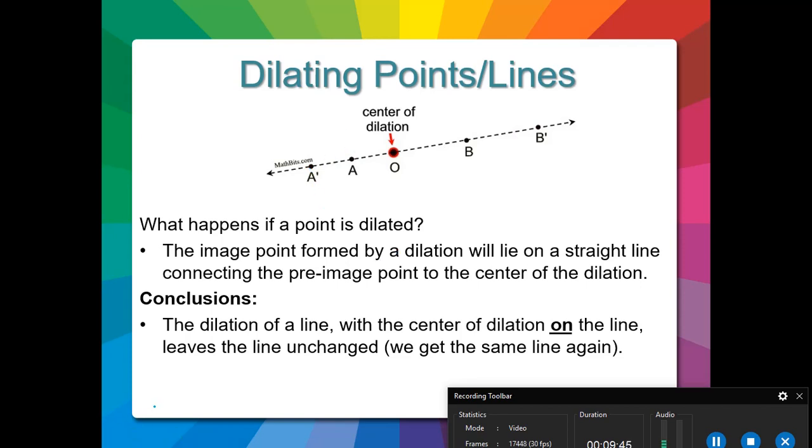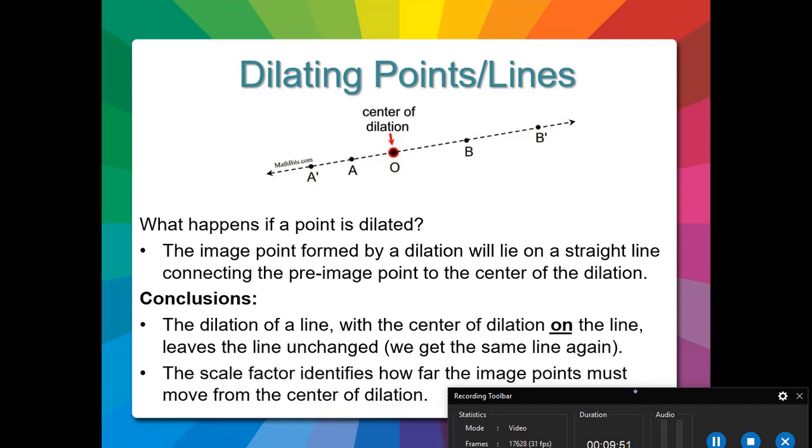So the pre-image and the image will continue to be the same line. Because the center of dilation is on the line, the scale factor provided, whether it's +2, +3, allows us to actually increase the distance from the center, and it moves it further away. But again, it's going to always be that same line.